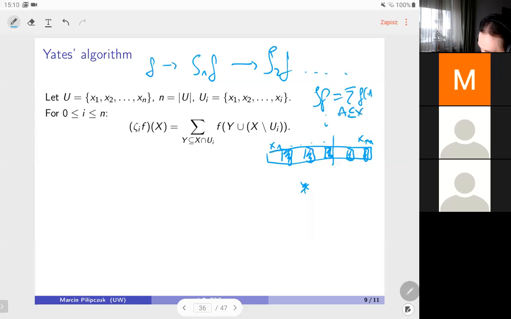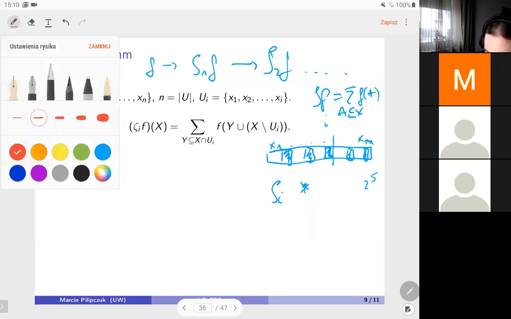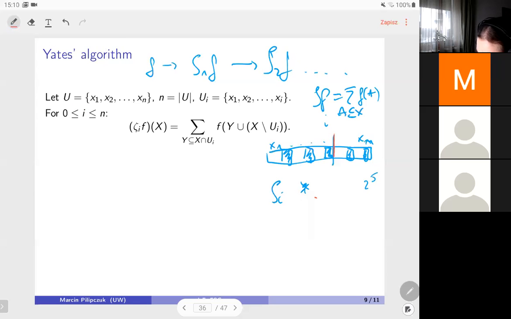In this picture, that is over all 32 subsets, 2 to the 5. But zeta i looks only at the subsets that differ from x within the elements up to index i. So what I'm summing, I need to take these two elements, but I may not take these.